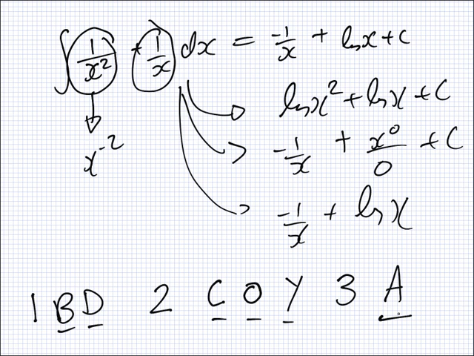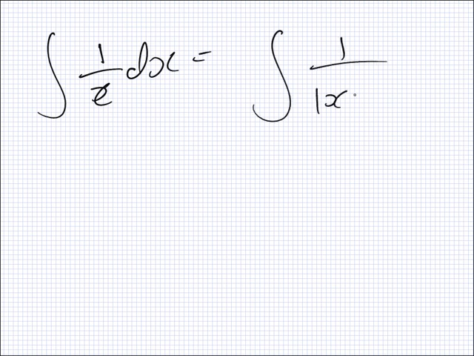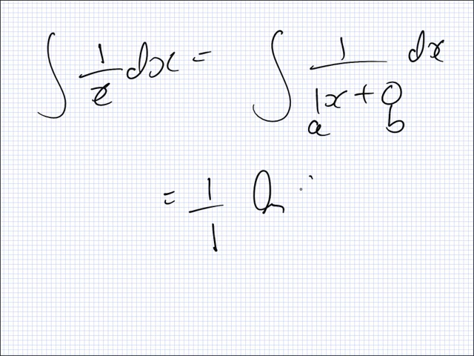Teacher, so if it's 1 over x, the rule is that you become log. Yeah, actually, in case you're not clear, guys, 1 over x, the reason it's log is because it's like this: 1 over 1x plus 0. That's the same thing, isn't it? And according to the rule I gave you, this is A and this is B. It's 1 over A log of AX plus B. Or in other words, log x.